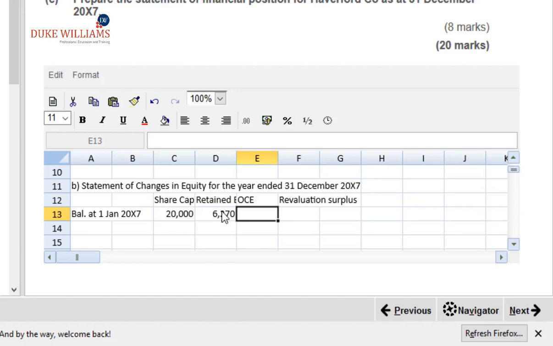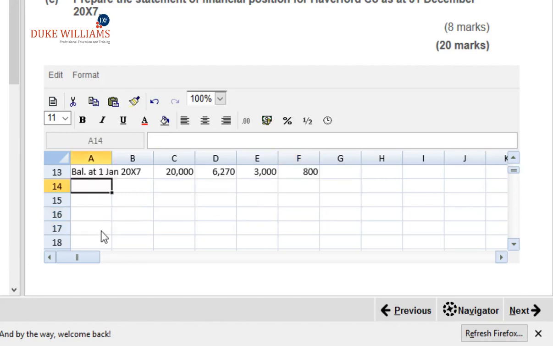For other components of equity is 3,000. For revaluation surplus is 800. Okay, so we can leave enough lines, about 10 lines. If it's not enough, we can just cut and step it down, the next requirement.